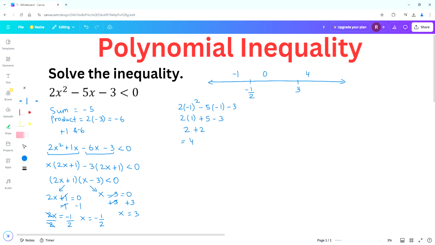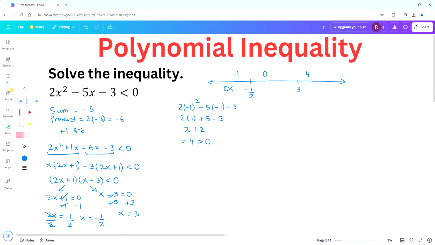The given inequality is 2x squared minus 5x minus 3 less than 0, but we got a value greater than 0. That means the given inequality is not satisfied in the interval on the left side of -1/2. At x equals -1/2, the value of the quadratic expression is 0 because x equals -1/2 is an x-intercept for the quadratic expression.